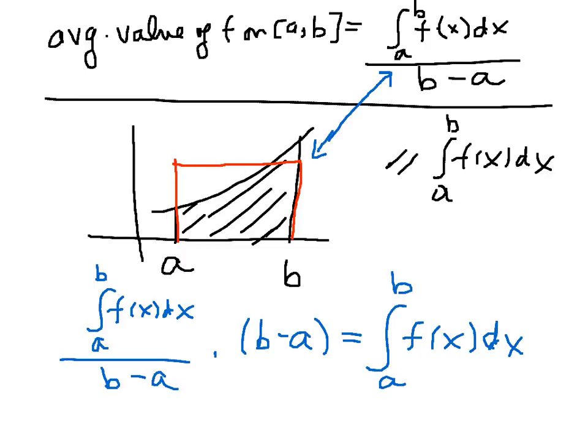But essentially what we're seeing here is that the area of the rectangle is exactly equal to the area under the curve. And that's the significance of the average value of a function on a closed interval. So hopefully the picture and this little bit of algebra will make sense to you.